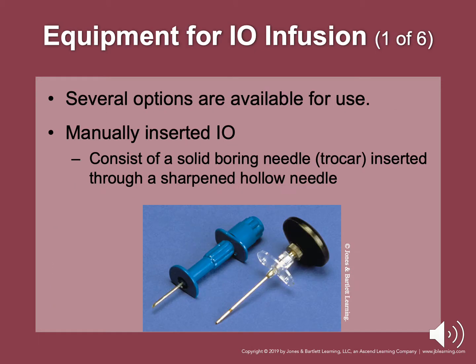If you work for several services, you want to become familiar with those also. It does require specialized training and becoming familiar with the features, functionality, and clinical application. The needle is pushed into the bone with a screw and twist action. After the needle pops into the bone, the solid needle is removed, and the IV tubing is attached to the catheter.